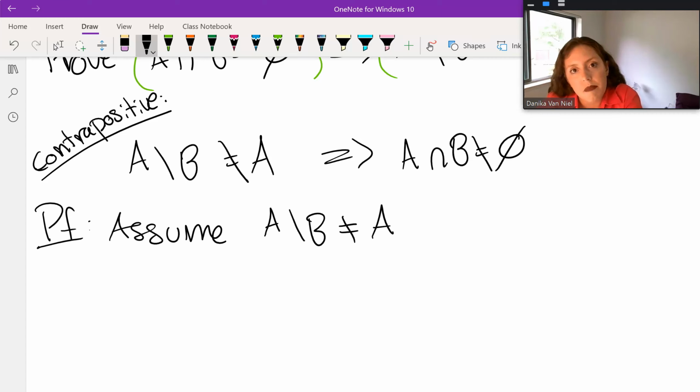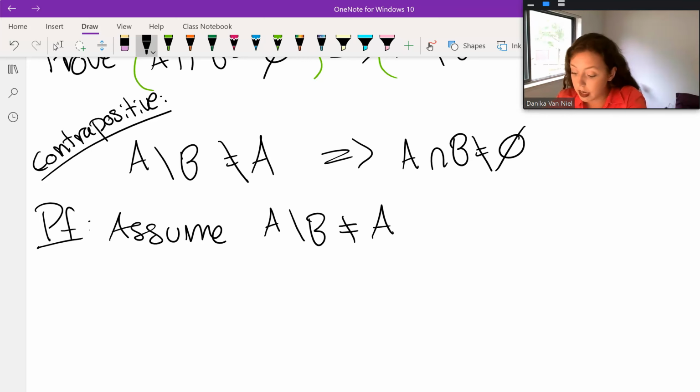All right, so what does that mean for these two sets to not be equal? It means that one of them must be a strict subset of the other. Or just have nothing in common. That's also a possibility. But they do have something in common.